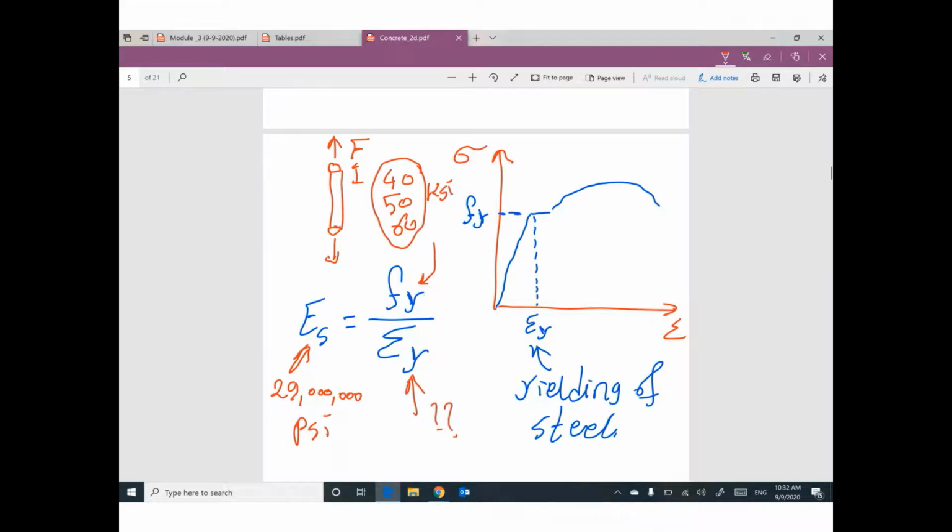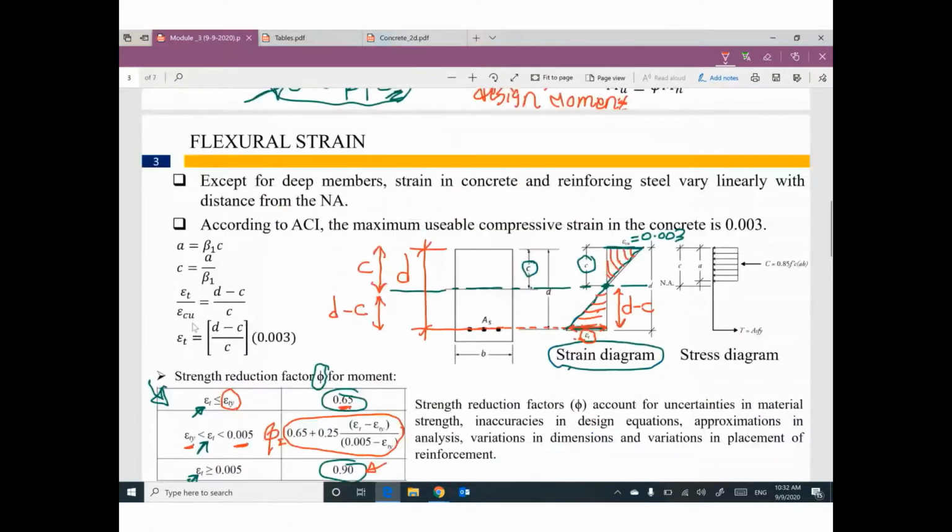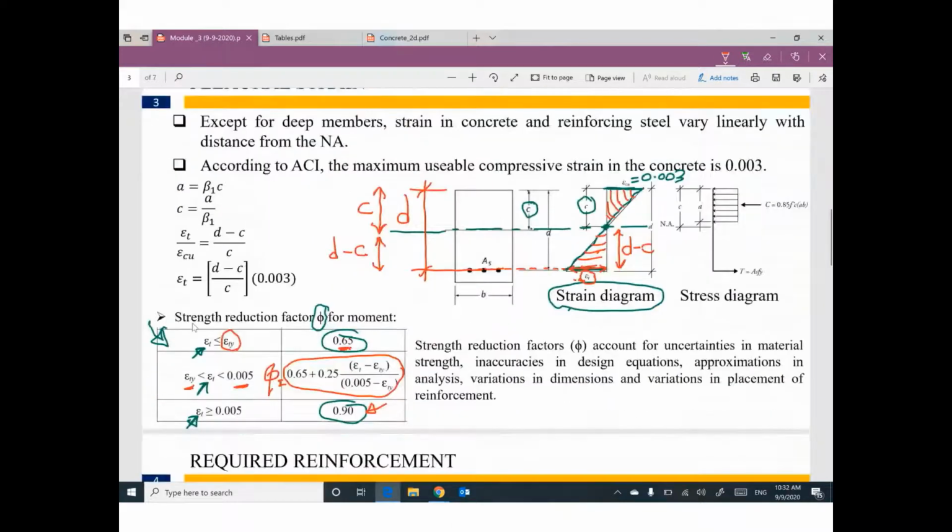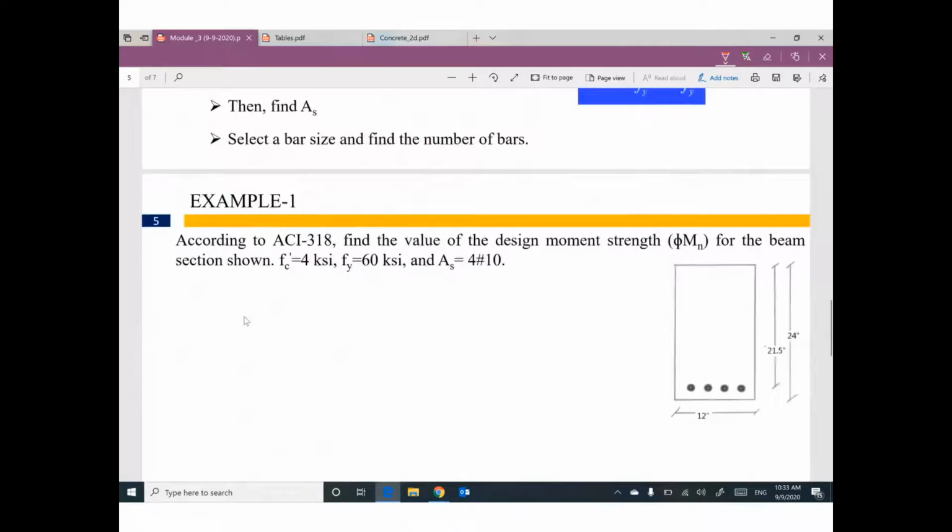Why? Because I need to know the relationship between epsilon steel in my problem, which I calculated from triangle similarity, and the yielding strain, to figure out the value of phi, which is the reduction factor of our design. I will go through all of this stuff by doing this example.